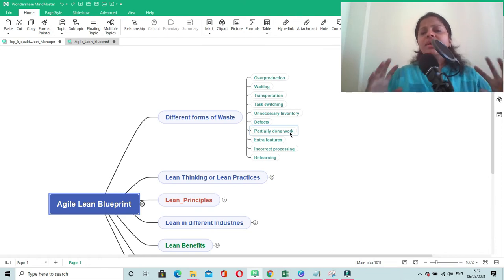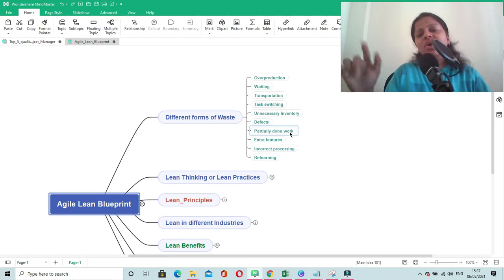Or if you are able to manage those tasks in parallel, that is also well and good. But it should not happen that you are working on one task and you have just left it half done, and then you have started on the second task and you have left that task also half done, and you are switching between the tasks. So that is going to add to waste in your process.